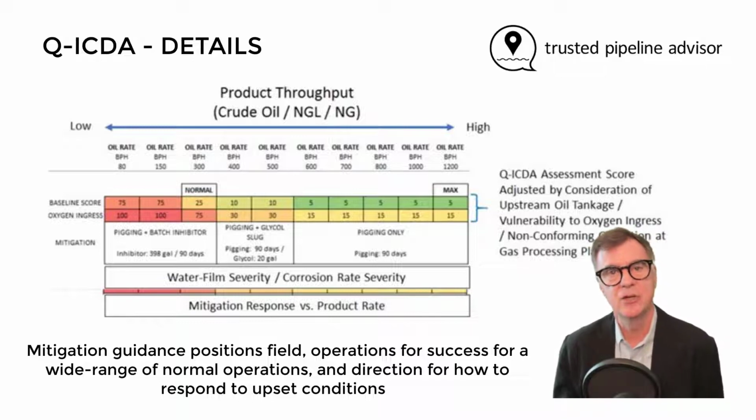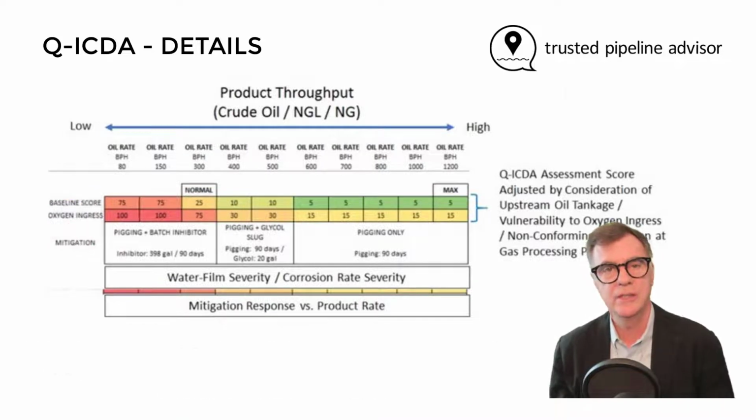In this case, the corrosion hazard exposure varies according to product throughput and the corresponding formation of potential corrosive stagnant water traps. The mitigation guidance prescribes an appropriate response to steady-state operating conditions and a separate response should field operations consider upstream process upsets a real-world situation.